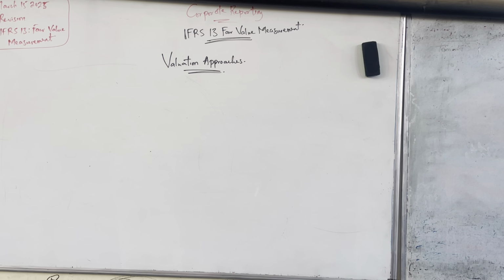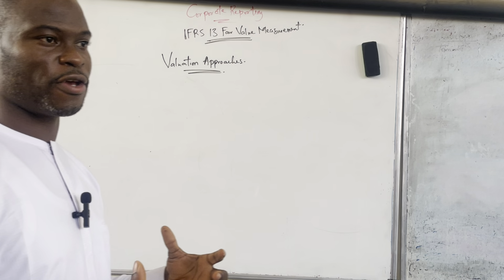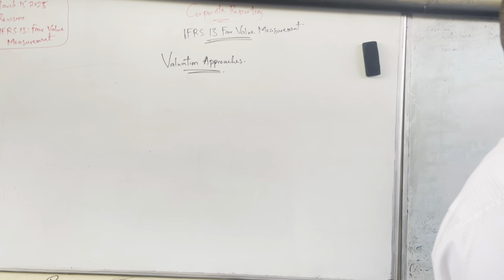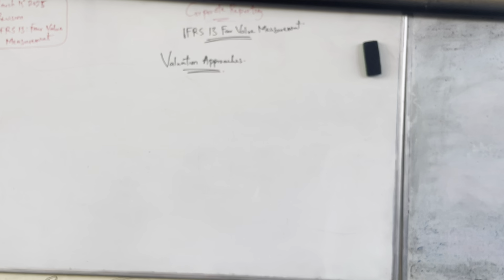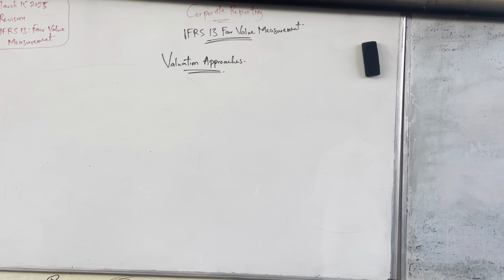Now, beyond all of that, there are series of assets that we can have. And it's important that we have a structured way, not just considering those elements randomly. We need to be able to say, okay, this is the approach you have used. Because there are some assets, like I gave you examples of a private company that you want to get its fair value.